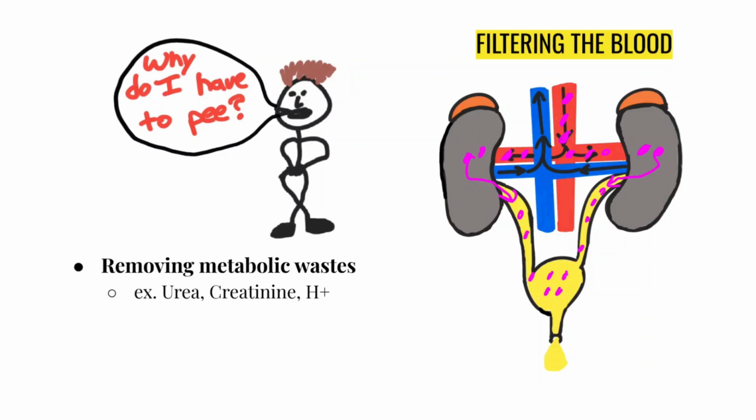With the goal being that the blood vessels leaving the kidney have much less waste product in them than the blood did coming into the kidney. And then we say the kidney has filtered those out of the blood.